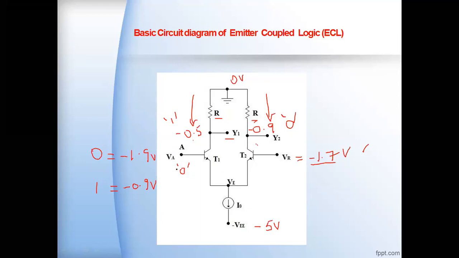The application at the input is logic 0 value, but you are getting the two outputs. The output at Y1 is logic 1 and the output at Y2 is 0 here, right?